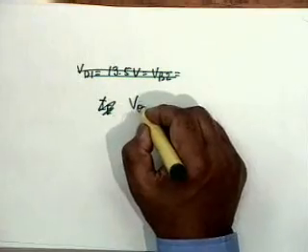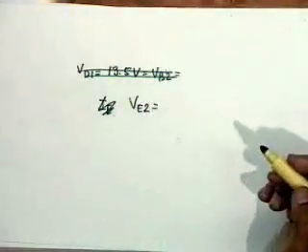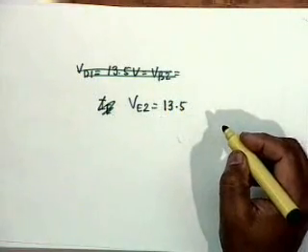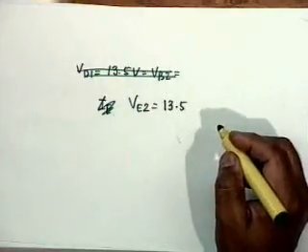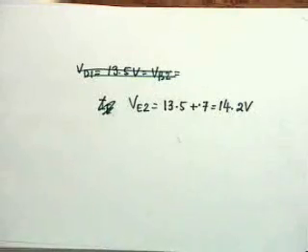hold it. What is VE2? This voltage. This is 13.5 plus 0.7. This is the point that I wanted to make. Don't make a mistake. It's not minus, because it's a PNP transistor. So 13.5 plus 0.7. Now we are in business. This is 14.2 volt.